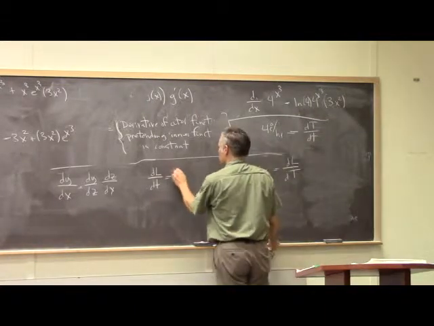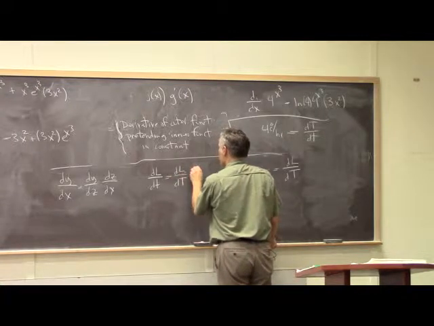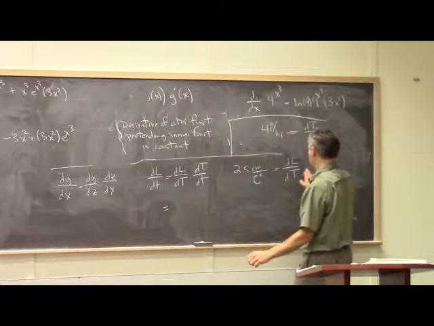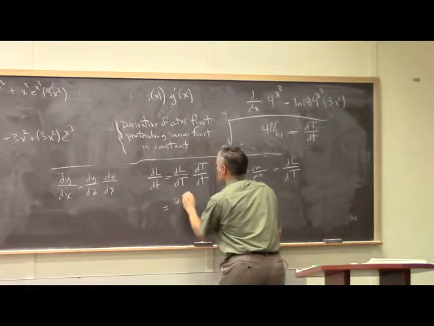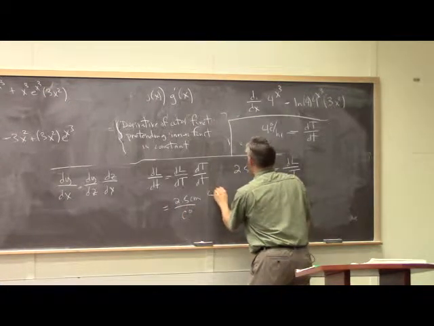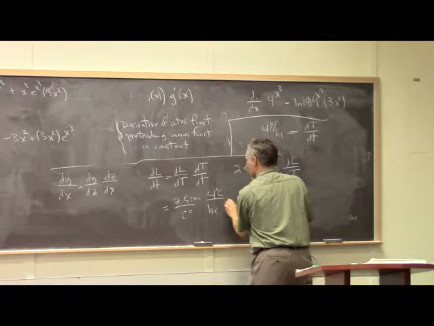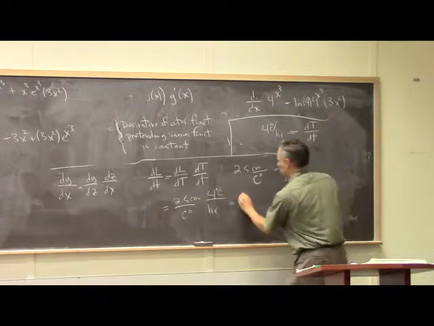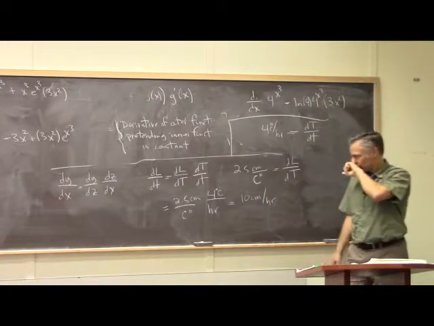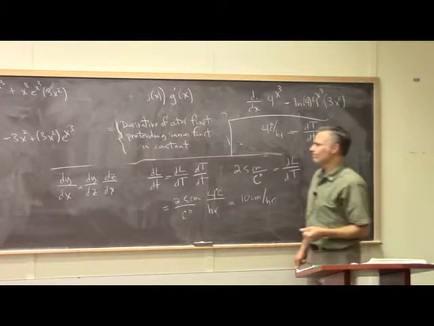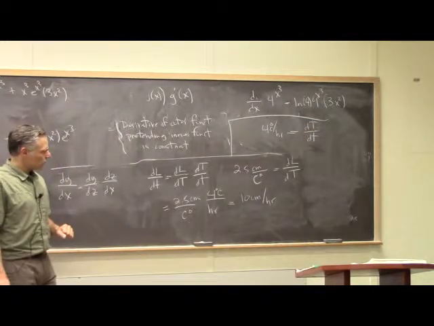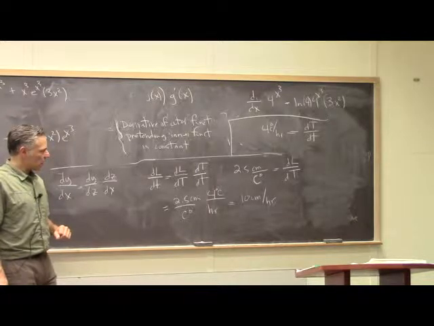So 2.5 centimeters per degree times 4 degrees per hour. Two times 4 is 8. Yeah, I think that's 10.